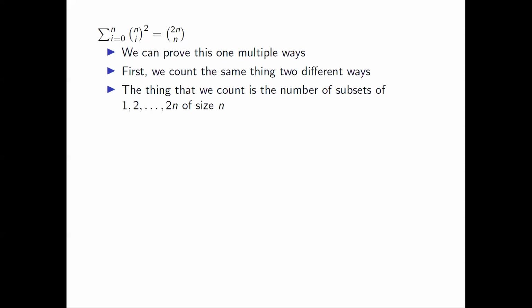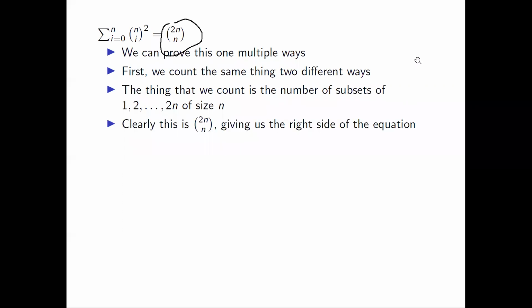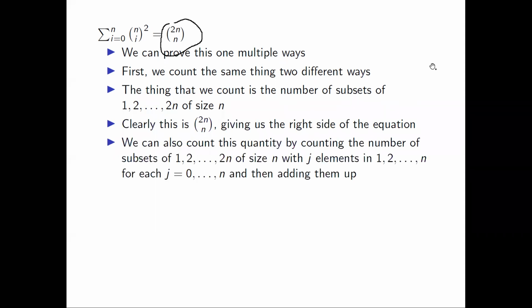Clearly, this is equal to the right side of the equation at the top. This is 2n choose n. Now we just need to see why it's also equal to the left side.